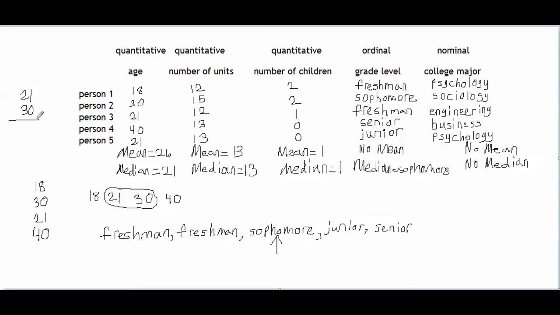You find the mean of the 2 middle values, and then the mean of the 2 middle values is the median. The median of these 4 numbers down here is 25.5.